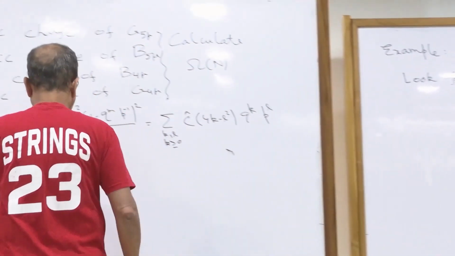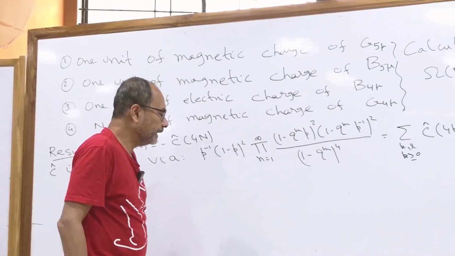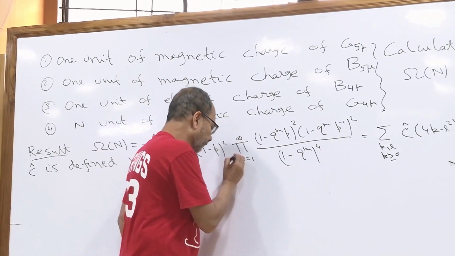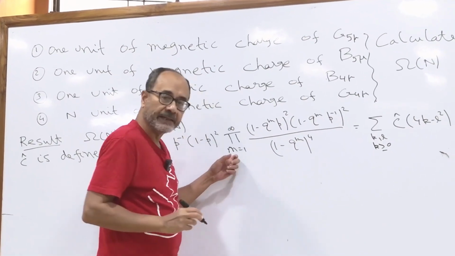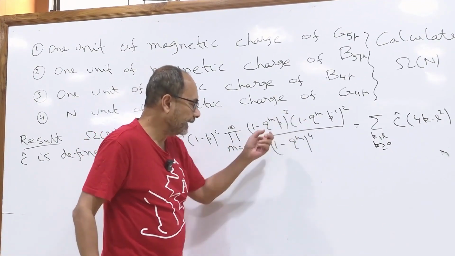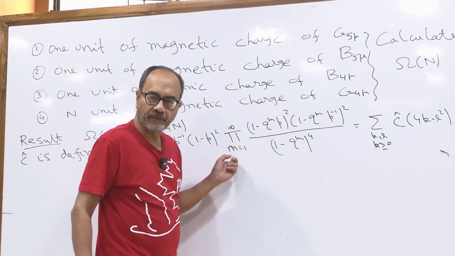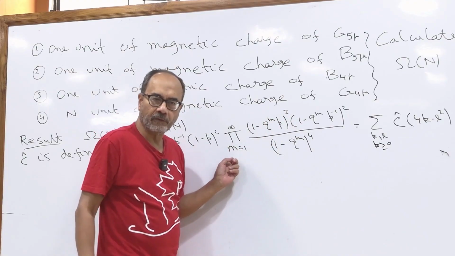First, let's do the expansion in Q. If you are looking for only the coefficient of Q, then in this product, sorry, this is over M, because there is an N over here. Which term will contribute if you are looking for the coefficient of Q?